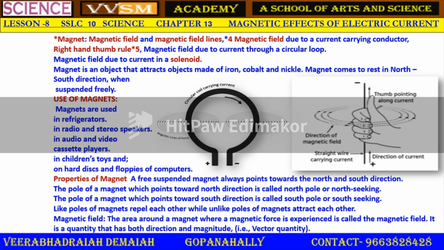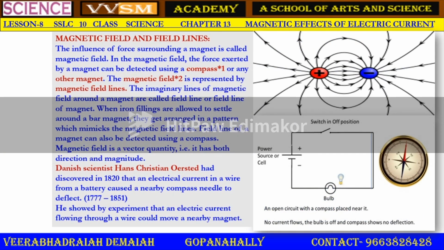That is, a compass needle is a small magnet. What is a compass needle? Here, what we have come across, this is a compass needle. It is a small magnet. Its one end which points towards north is called the north pole, and the other end which points towards the south is called the south pole in this compass needle or magnetic needle.